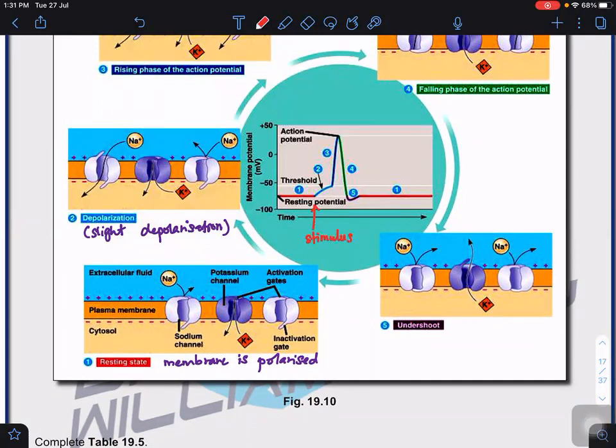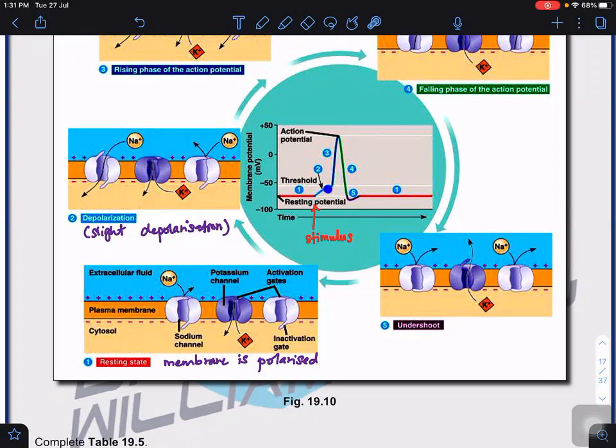Let's say someone touches you. Something happens and makes it become depolarized, removing the polarization. But this process takes a slow period of time. Can you see that the gradient is not so steep? It gradually increases from -65 to -64 and so on.